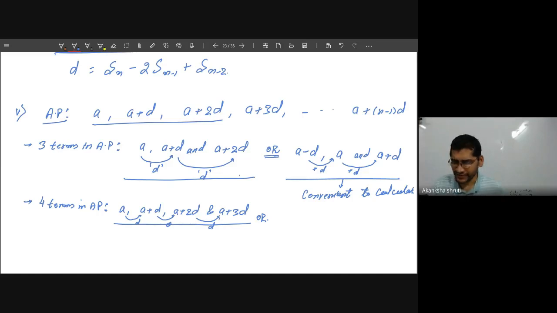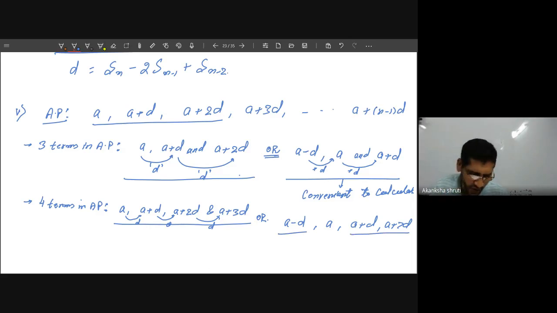That is helpful. That makes the calculation simpler. So for choosing the four terms, how can we choose? Student, can you tell me? If I am choosing A minus D, then A plus D, then A plus 2D, it becomes a bit unsymmetrical because some are negative but more are positive.